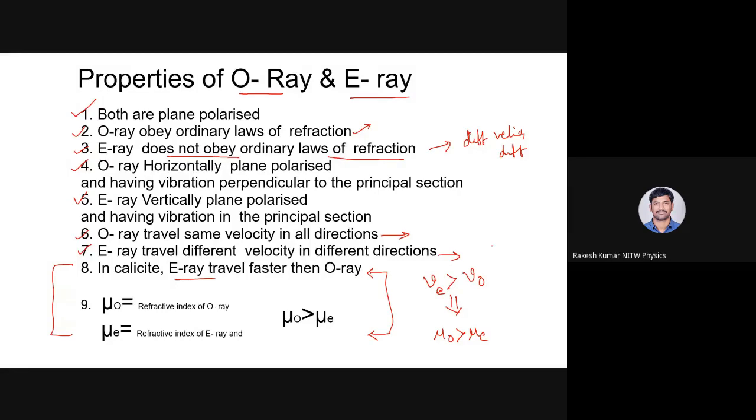Now let us take a simple example of a calcite crystal. This is my calcite crystal, and my light source is somewhere here. Based on this equation, tell me whether the sphere will be inside the ellipse or the ellipse inside the sphere.